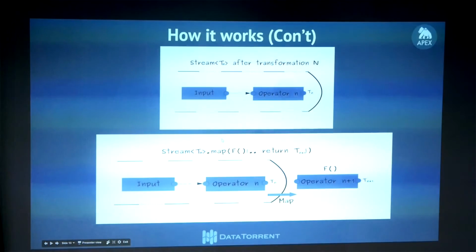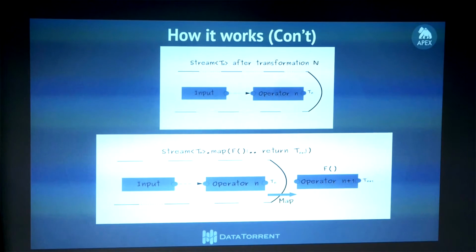And this picture shows you how we do it in the default implementation. As you can see, after several transformations, I have this stream of type T sub n. As I said before, it also contains a sub DAG.